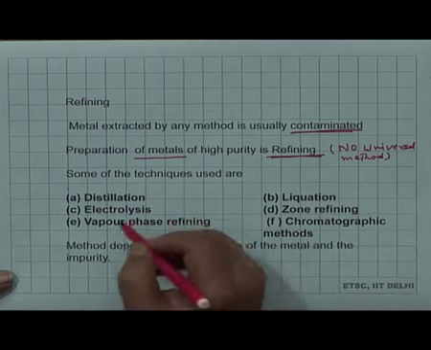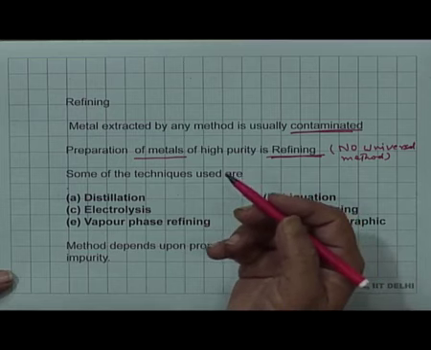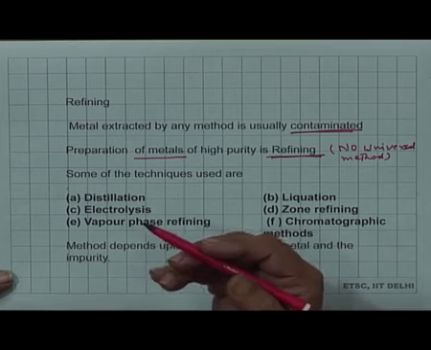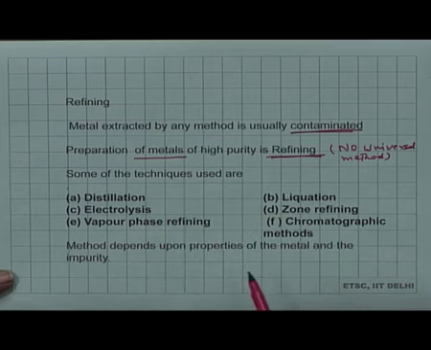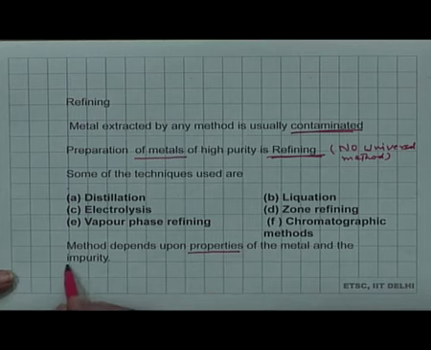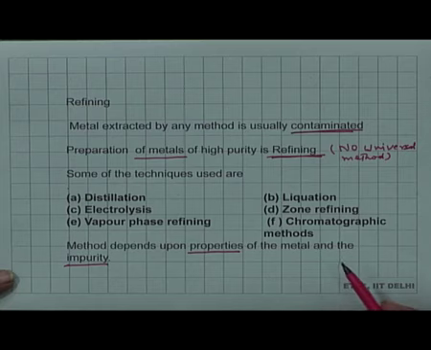Then how we decide about the method for refining? To decide about the method of refining, we have to see the properties of the metal and impurity present, because from different ores the metal extracted may have different impurities and different kind of metals may have different associated impurities.